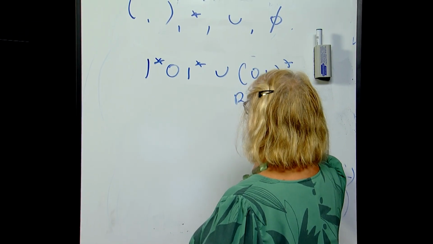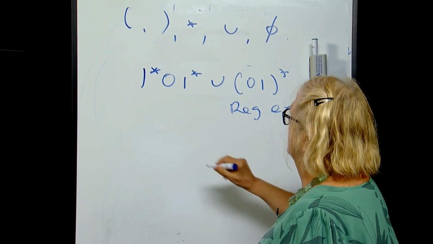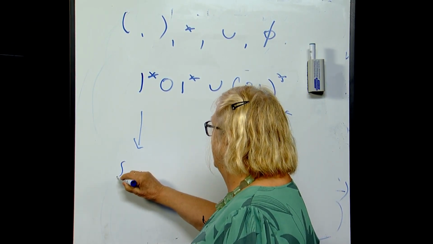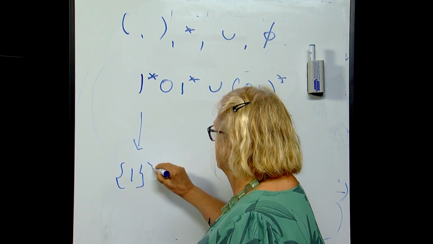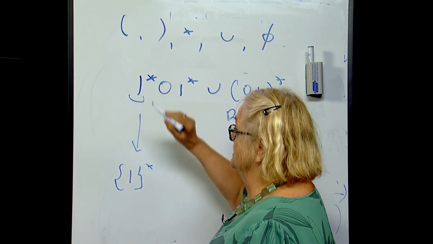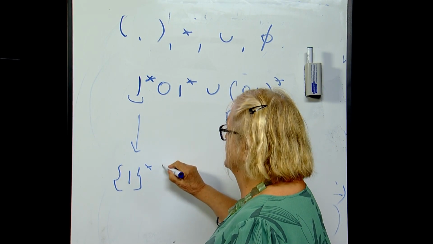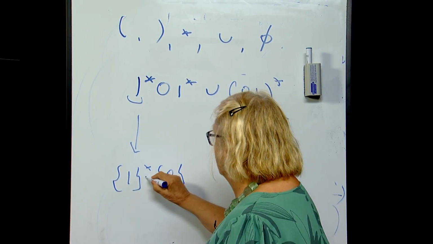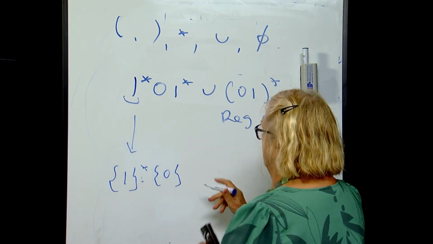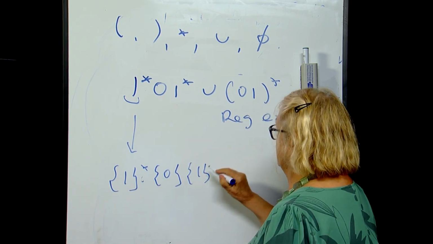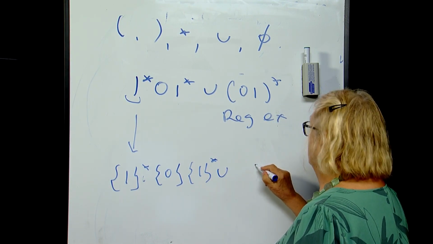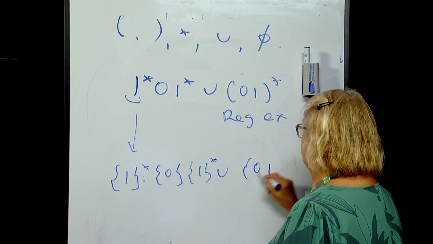This is a regular expression, and the language it represents is a set. This represents also a set. And here is a concatenation, which we don't write, right? This represents a set. A language is a set. And union. And here you have the 0, 1 string.